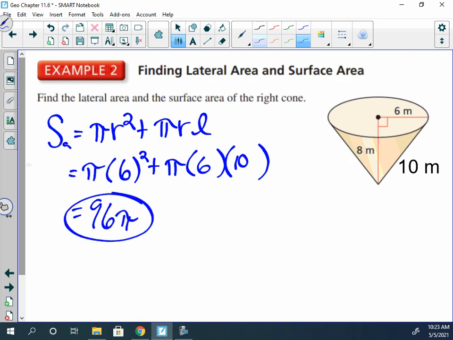At this part, we would just type this into the calculator to get our answer. We're going to do pi times 6 squared plus 6 times 10 times pi, which would give us 96 pi.